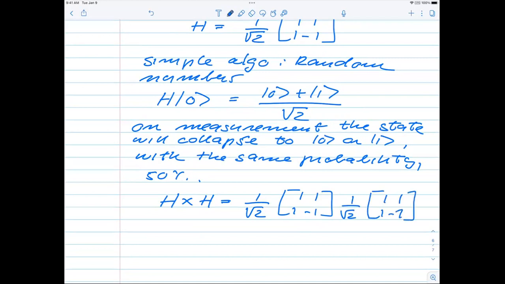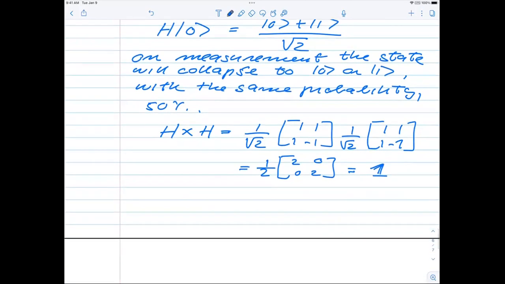What we see is that this becomes simply equal to a half times the matrix 2, 0, 0, 2, and that's the same as the identity matrix. So that means that if I have a final state phi, and I operate twice with the Hadamard gate on the initial state psi, this gives us back the identity matrix multiplied with psi, which is the same as the initial state.